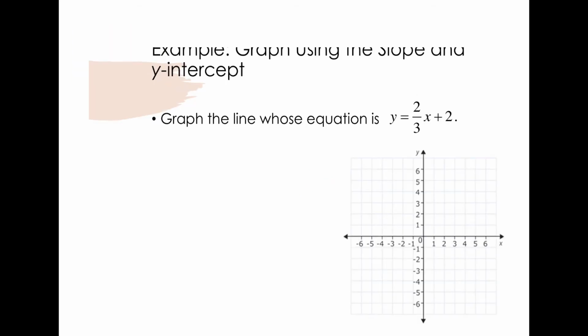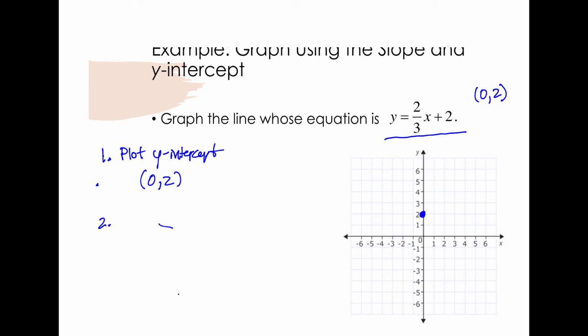All right, so if we're asked to graph an equation and it's in slope-intercept form, this is one way that we can do it. I know that my y-intercept here is at 0, 2. So we first plot the y-intercept, and in this case, it's at 0, 2, so we'll go ahead and put that there.